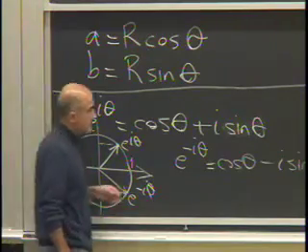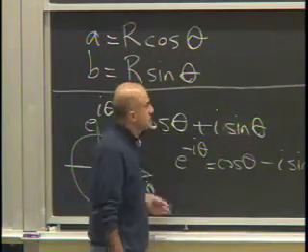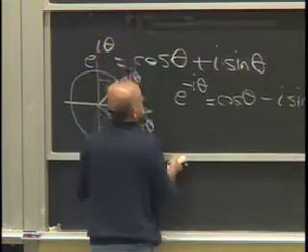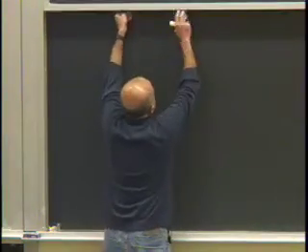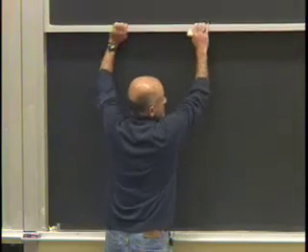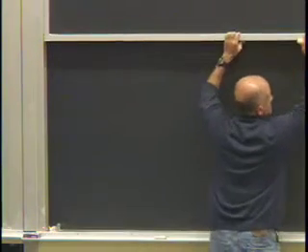Right? Okay, now you have these two equations. Tell me how you're going to get cosine. Don't give me the final expression. Tell me how you get there. You added them, okay?